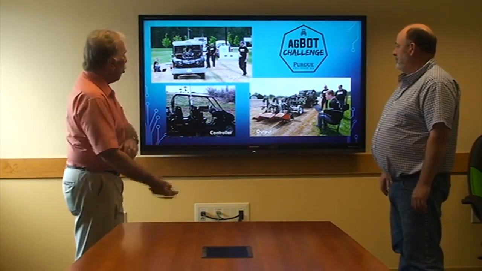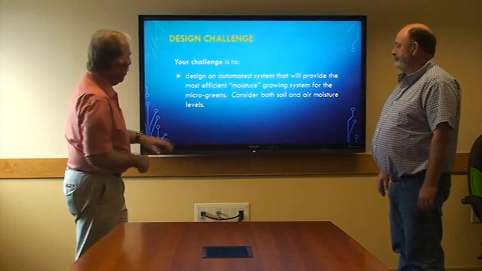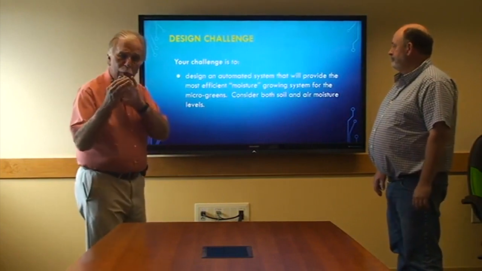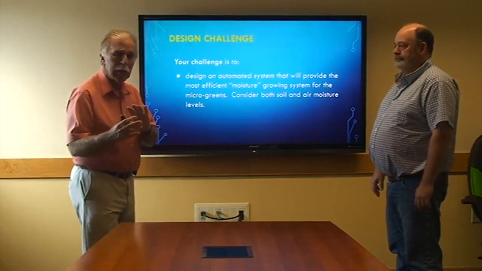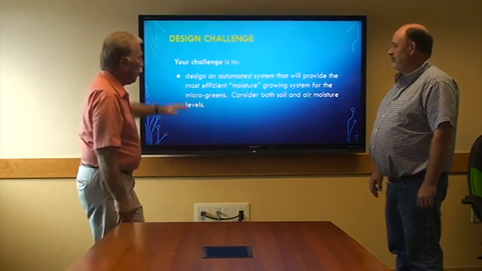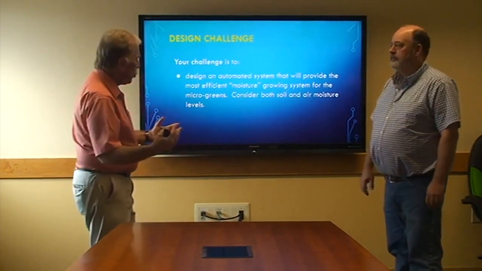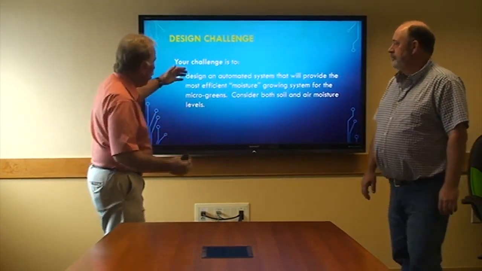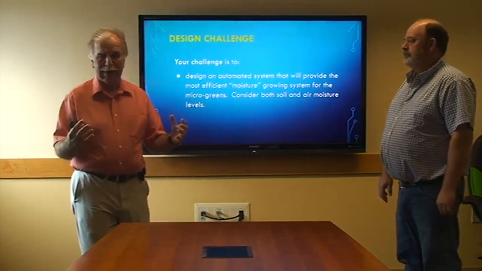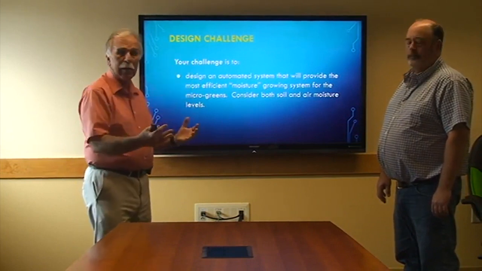So now let's look a little bit at the design challenge for this particular program. You're working on microgreens, growing those, and then we're going to look at how we process those. Your challenge is how can your students determine the most efficient moisture content level for the soil and for the air humidity.